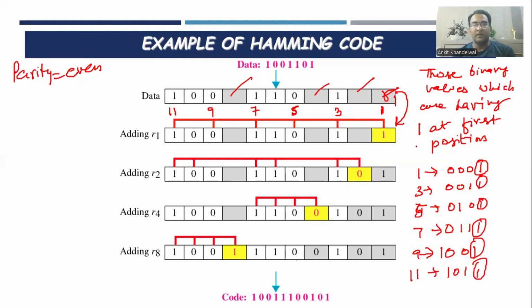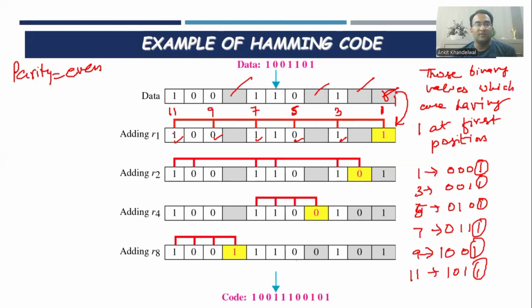Now at 3, we have 1 because there is a data bit. Then we have 5; the value is 0. These are the data bits. The value of the 5th bit is 0, the 7th bit is 1, the 9th bit is 0, and the 11th bit is 1.